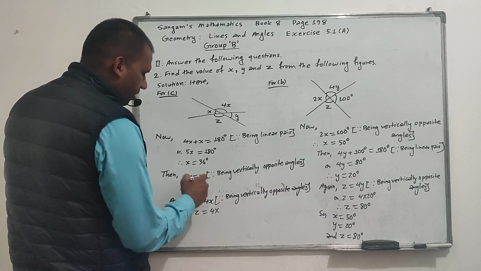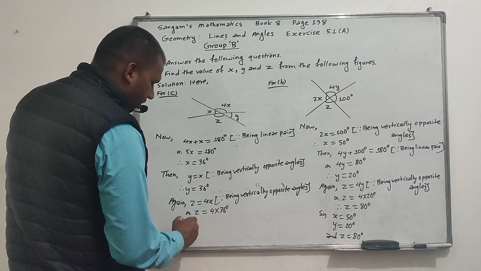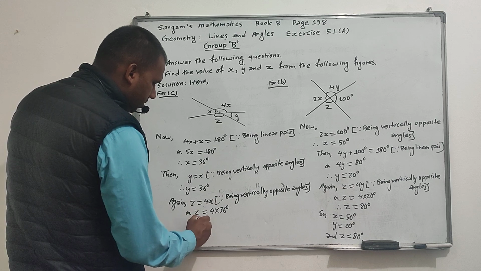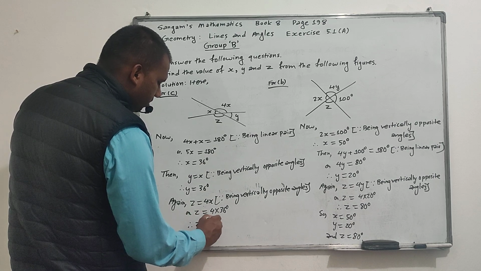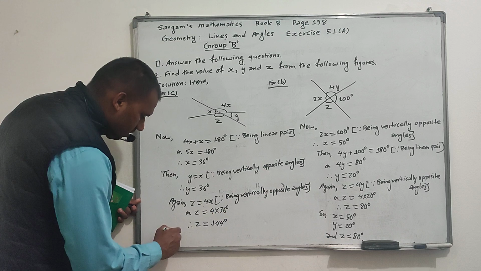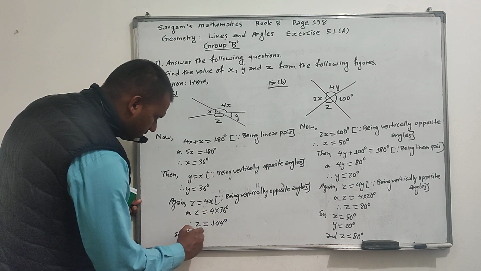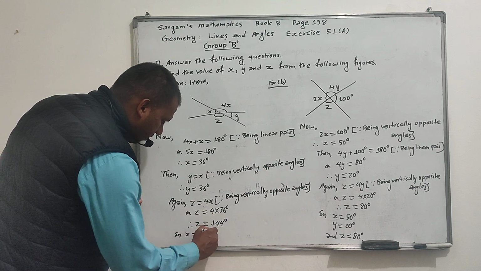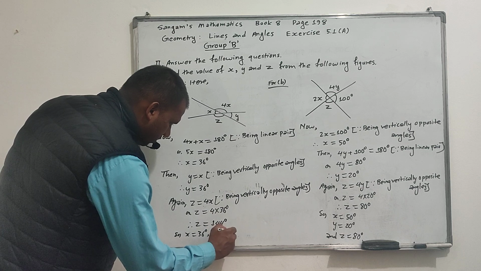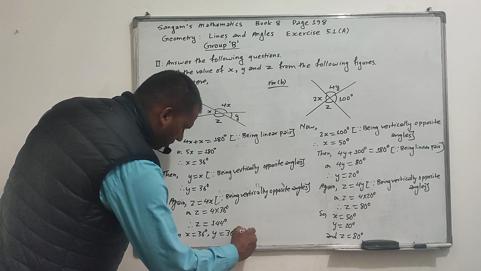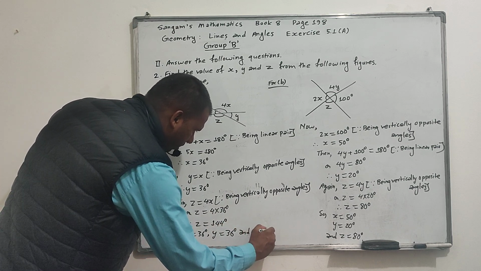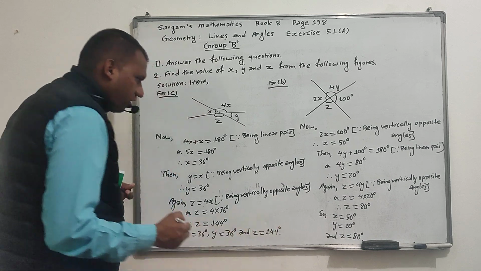The value of x is 36, therefore z equal to 36 times 4, 144 degrees. So x equal to 36 degrees, y equal to 36 degrees, and z equal to 144 degrees.